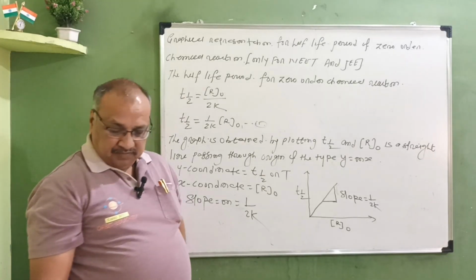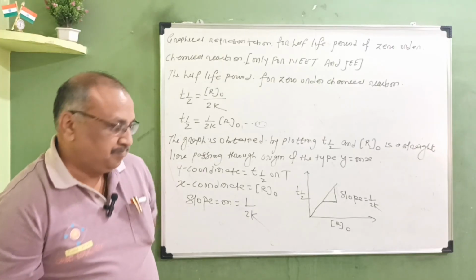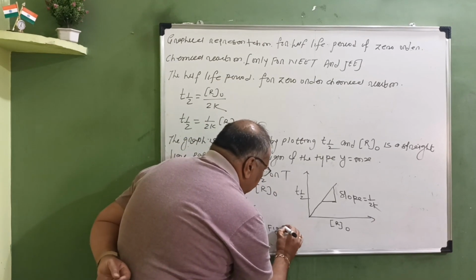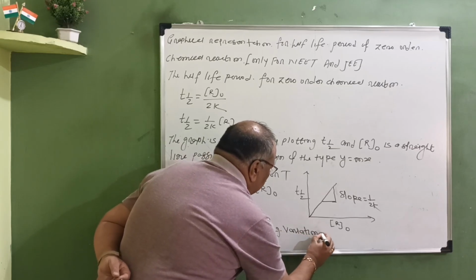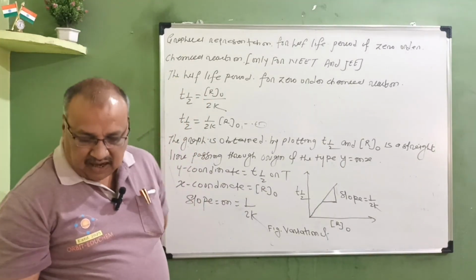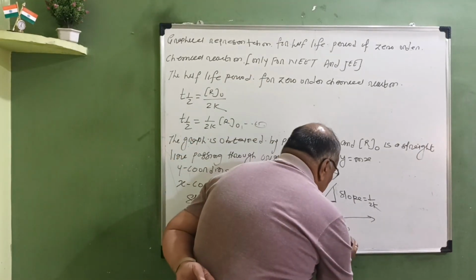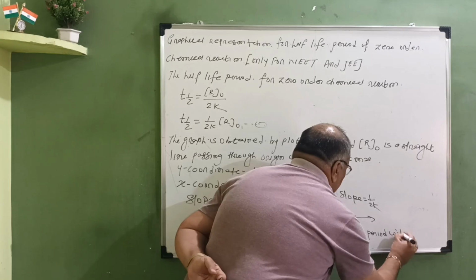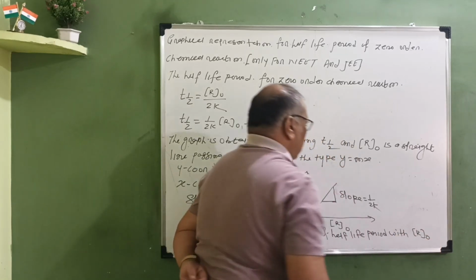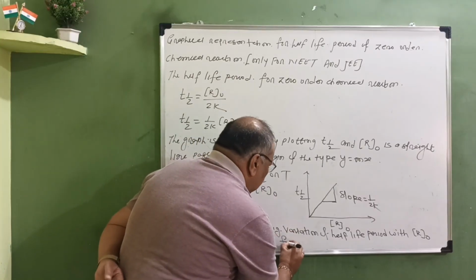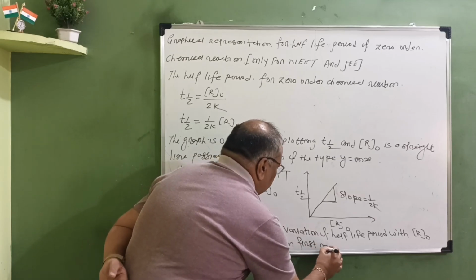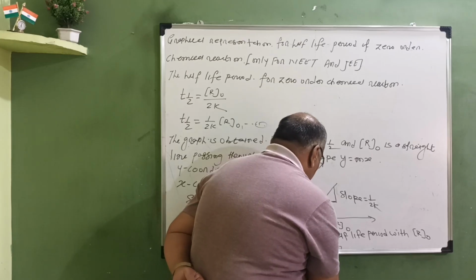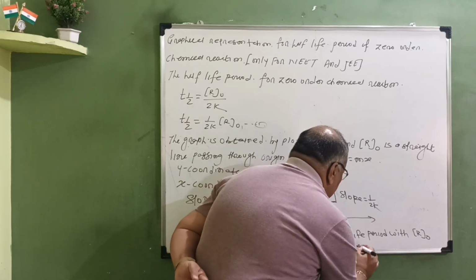Now write down the figure: variation of half-life period with R0 for zero order chemical reaction.